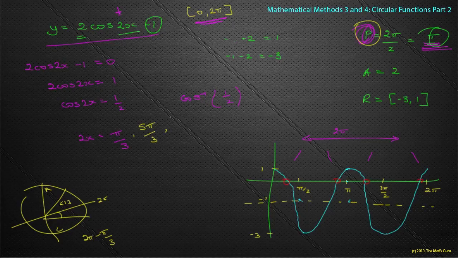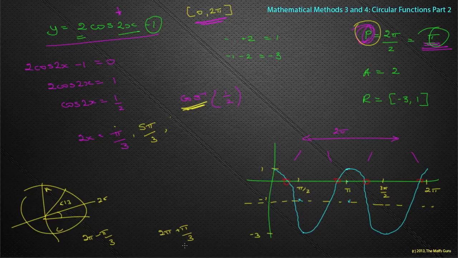Ooh. So how do I find my next 2 values? Well, remember, at this moment in time, we looked at the period being pi, but we're still dealing with the standard cosine. We did inverse cos of 1/2. So how would I find my values for a standard cosine curve? Well, if it's repeating as normal with 2 pi, how do I get to my next value? Well, I take pi on 3 and I do 2 pi plus pi on 3.